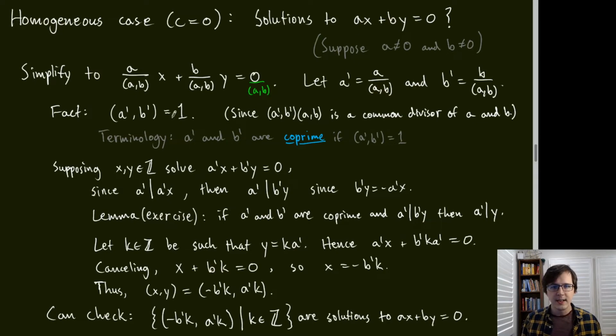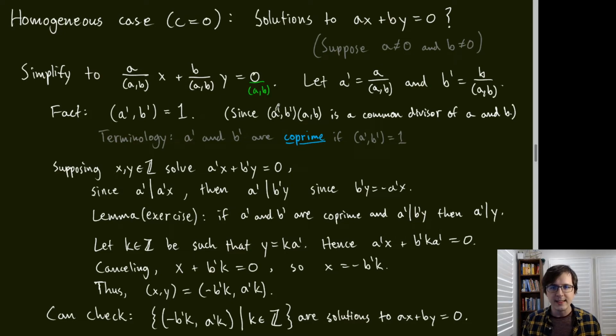Okay, so a fact is that the GCD of a prime and b prime is 1. And well, one reason is by dividing by all the common divisors, they have no common divisors anymore. Well, 1 is the common divisor. But I guess a rigorous reason is that anything that divides a prime also divides a.